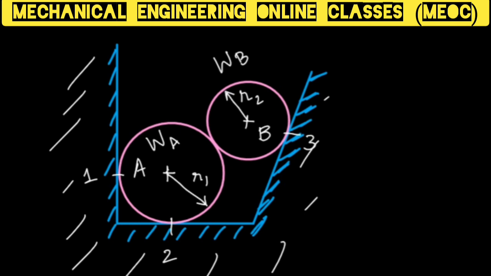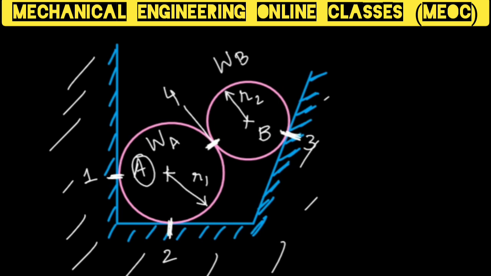Cylinder A comes in touch with the channel and the other cylinder at 3 points: point 1 with the vertical wall, point 2 with the horizontal, and somewhere here with the other cylinder. Similarly cylinder B is in touch at 2 points, one at point 3 and the other, let this be point number 4, the point of contact between the two cylinders.